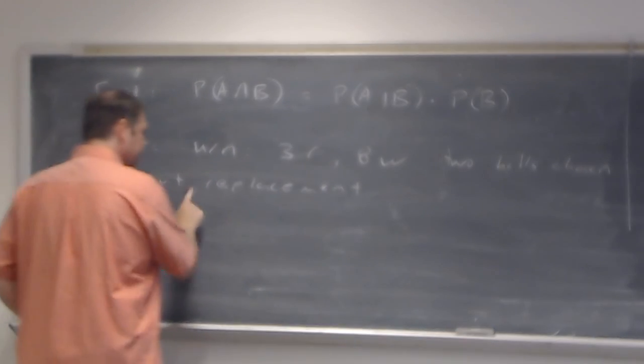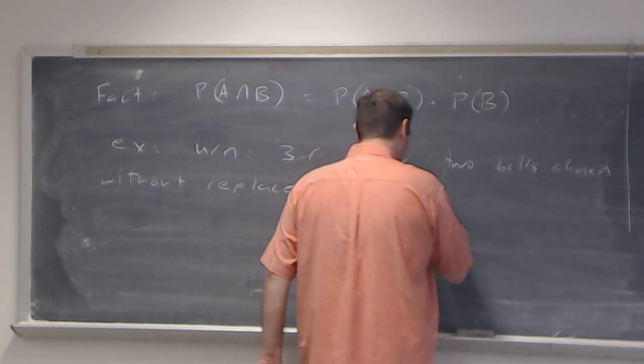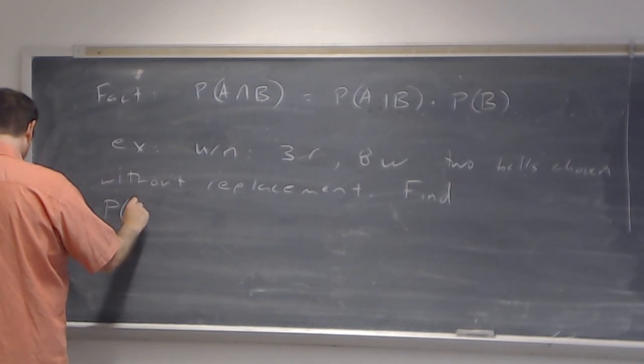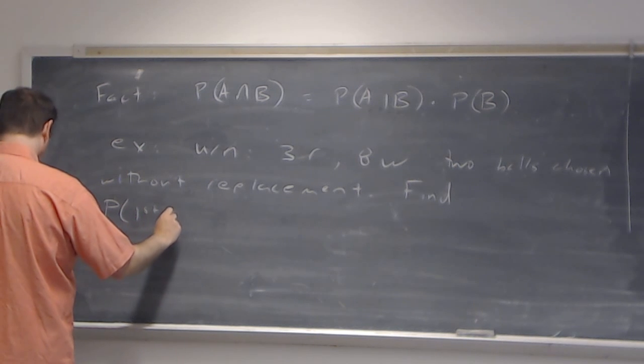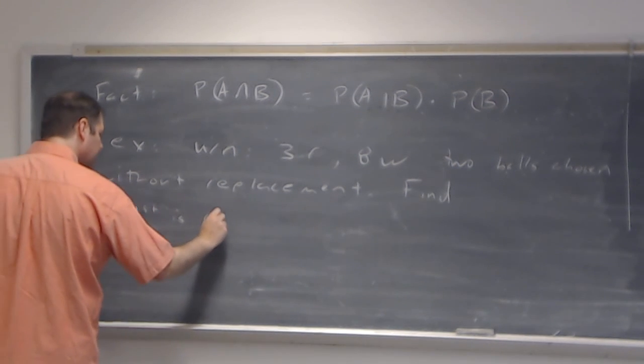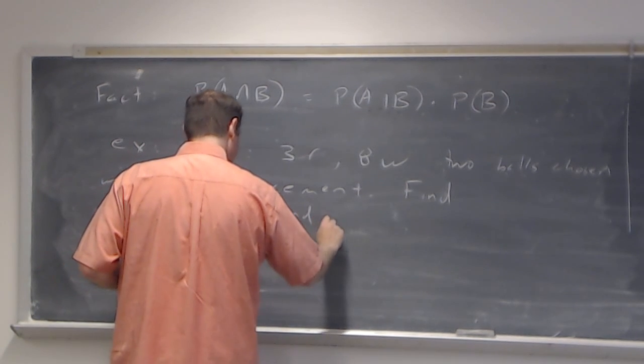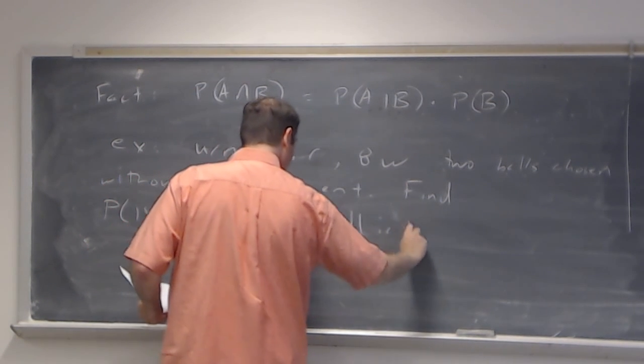Somebody says, find the following probability: the probability that the first ball chosen is red and the second ball chosen is white.